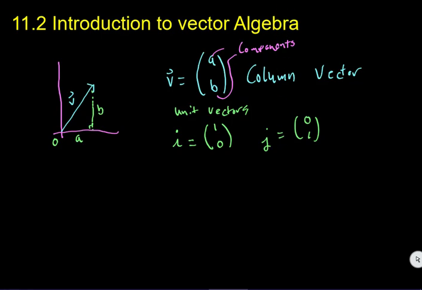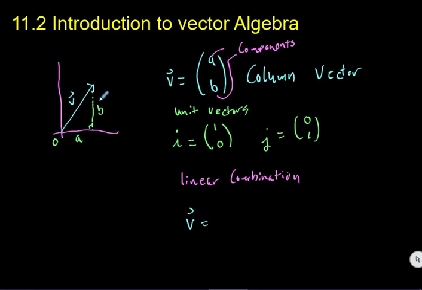And this is our column vector. Then, if we use the same vector v, we can represent it as what we call a linear combination.